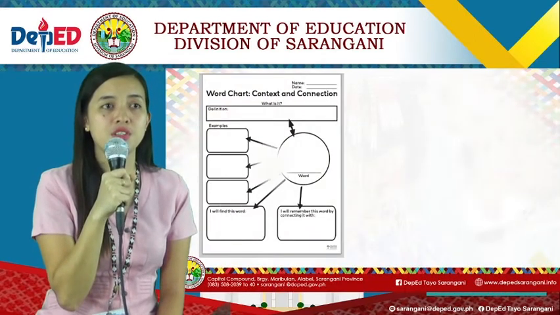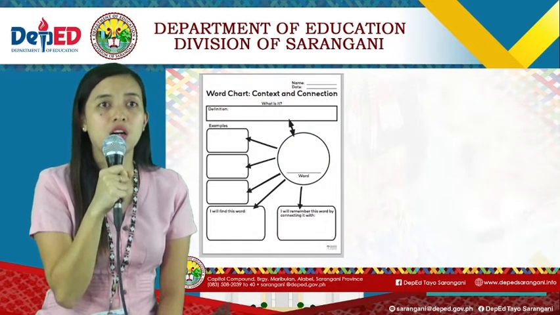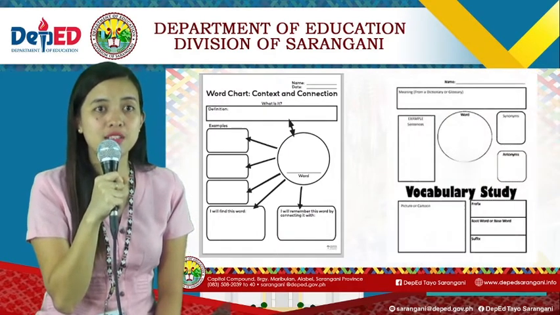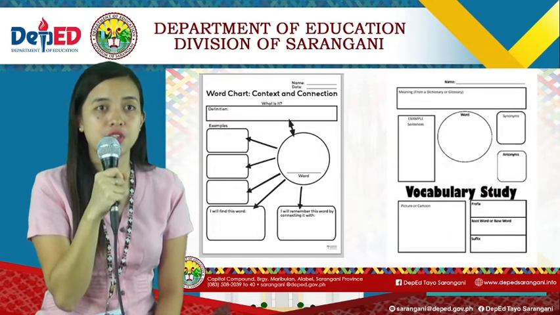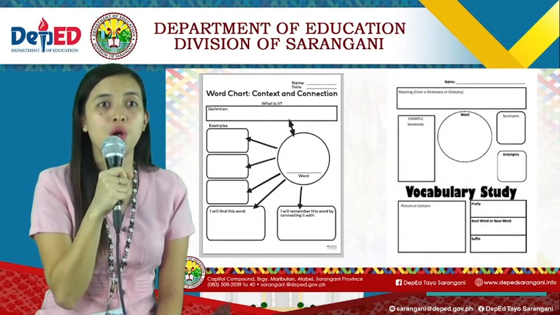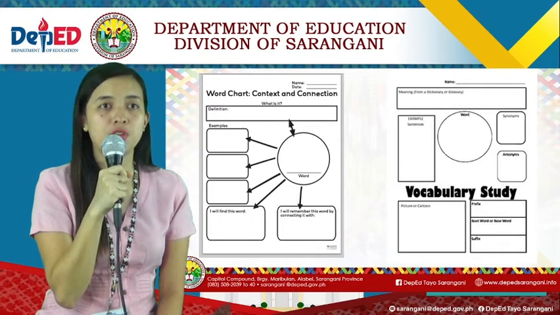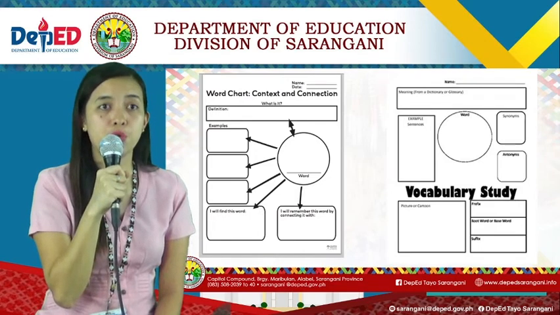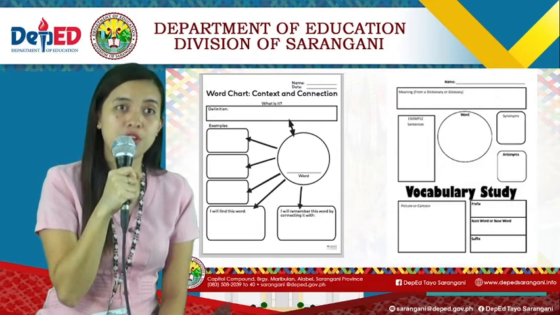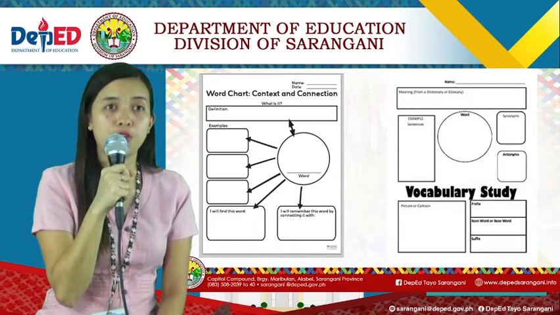Another one is the word chart, context, and connection. In the center, in the shape of a circle, we have this word. Children are asked to write the words that they learned, and they can make use of a dictionary for their reference.